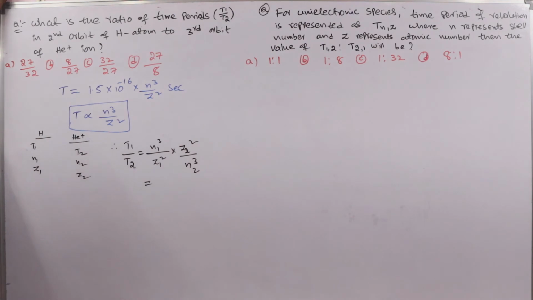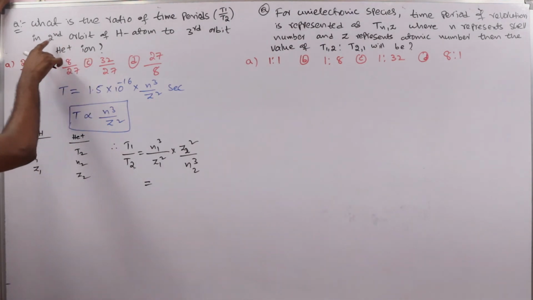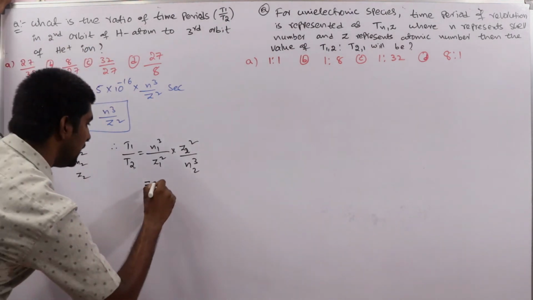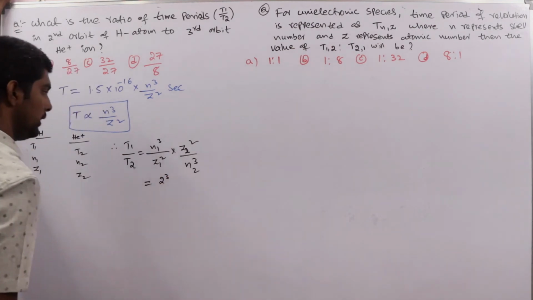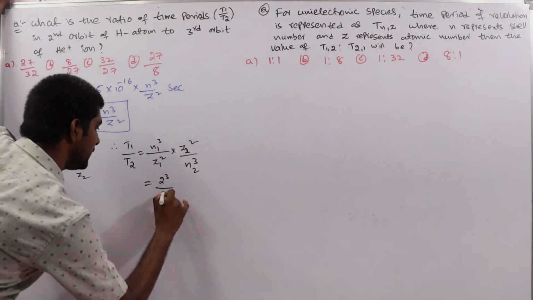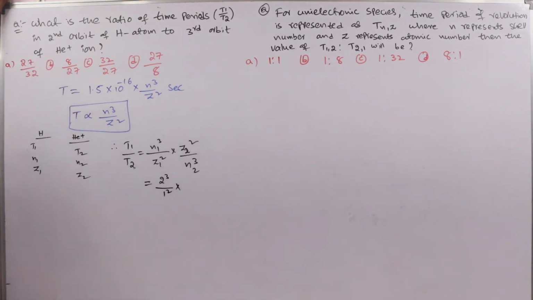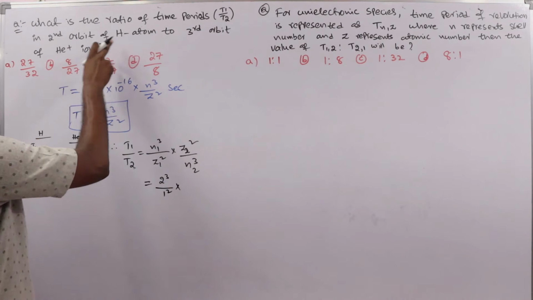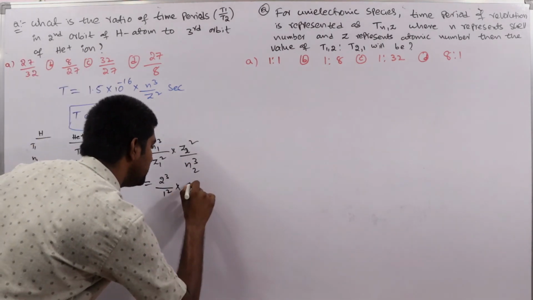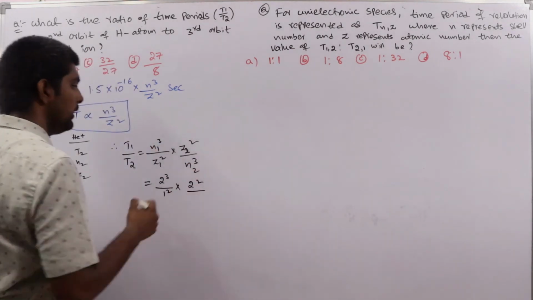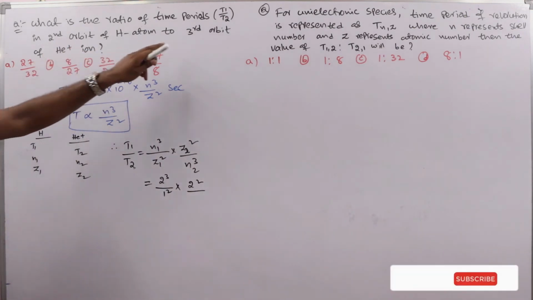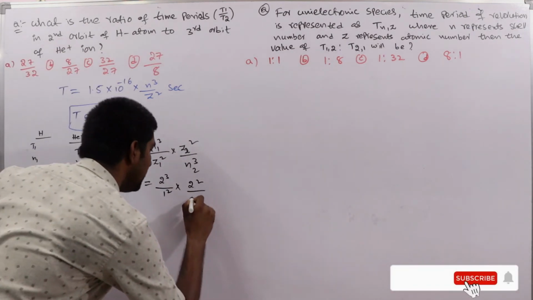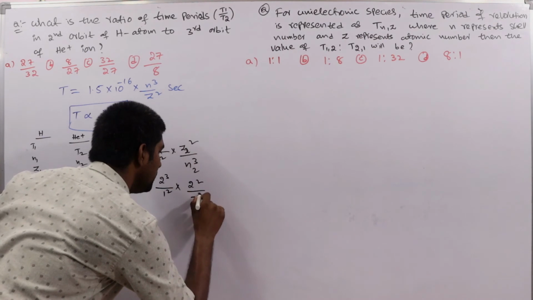N1 means second orbit of hydrogen atom, so that's why 2 cube by Z1, that is 1 square. For hydrogen atom Z is 1, and Z2 square. So for helium Z is how much? 2 square by N2 cube. Third orbit of helium plus ion.